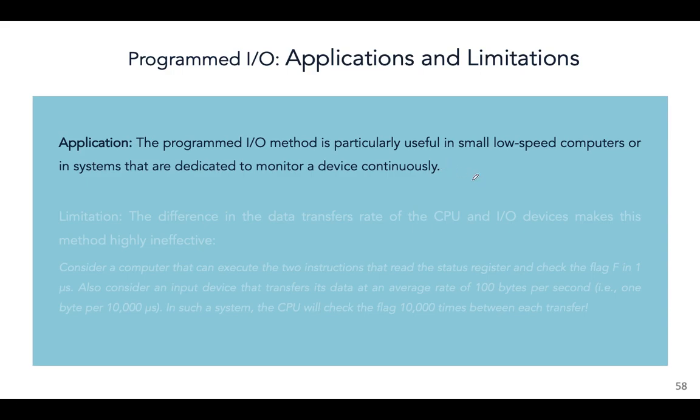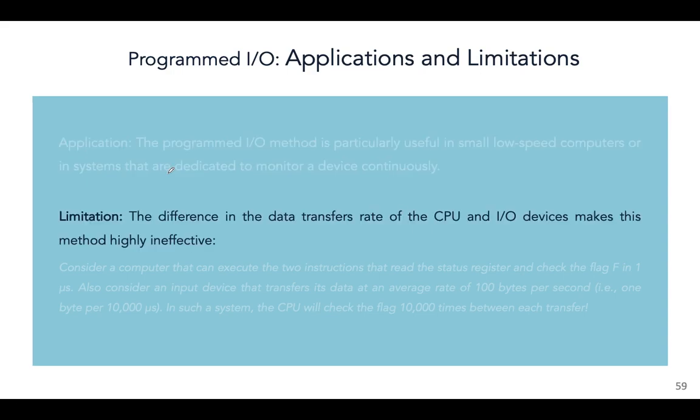Because remember, it's entirely the CPU's responsibility to keep an eye on all the peripheral devices and to be available whenever any of them needs data transfer. So it's only useful in small, low-speed computers or systems where you only have 1 or 2 peripheral devices, so it's entirely dedicated to those devices only.